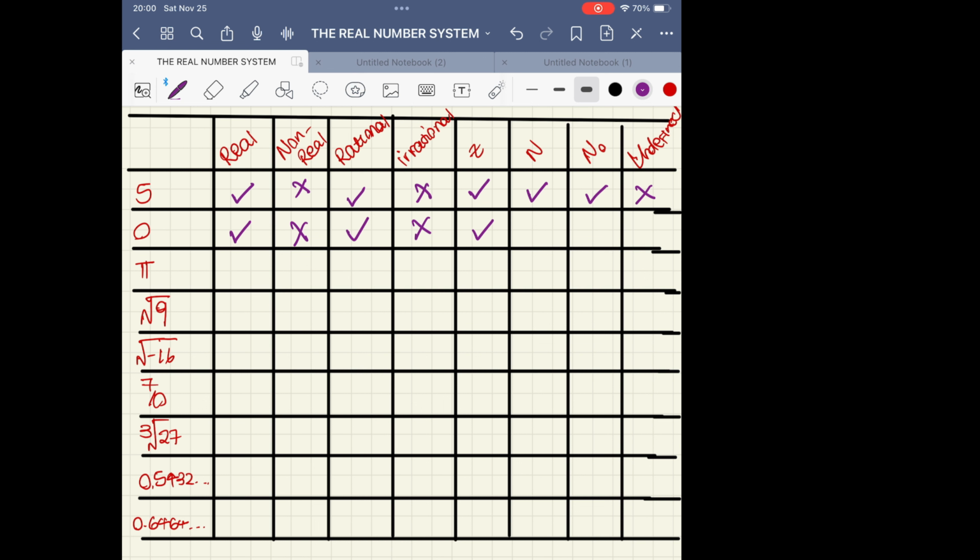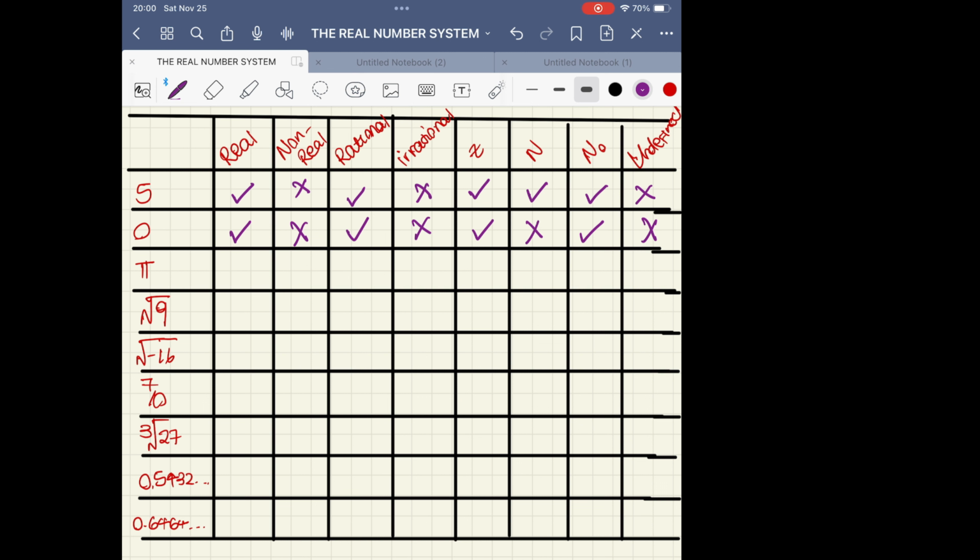Is it a natural number? No, it's not. Remember, natural numbers start with 1, so they start from 1, 2, 3, and go upward, right? Is it a whole number? Yes, it is, because whole numbers start with 0, isn't it? So it is not undefined.